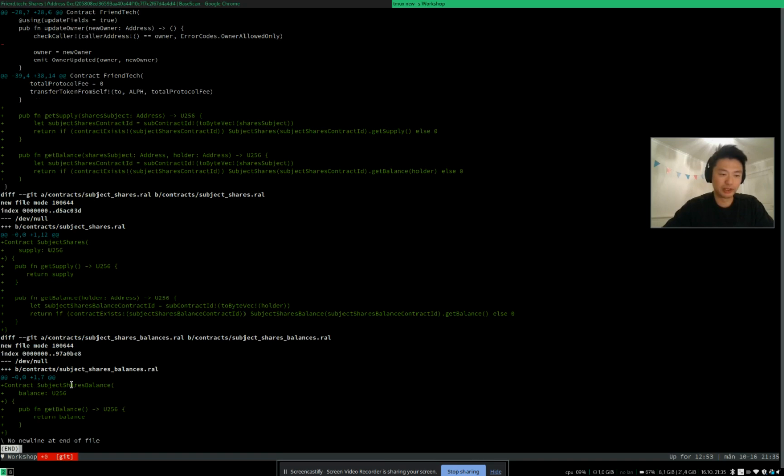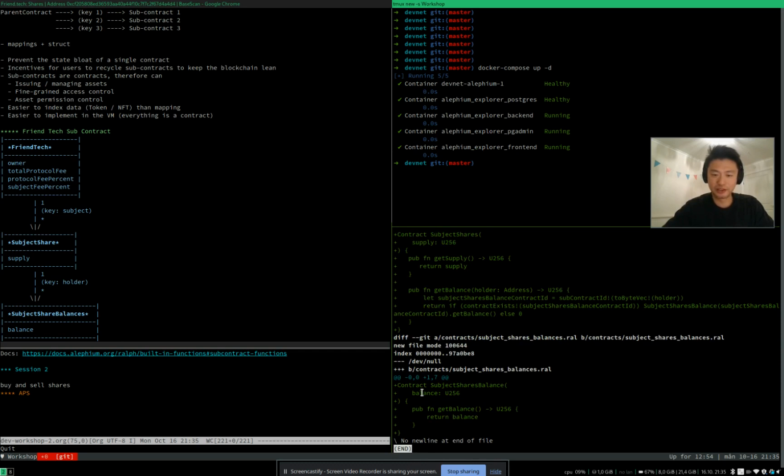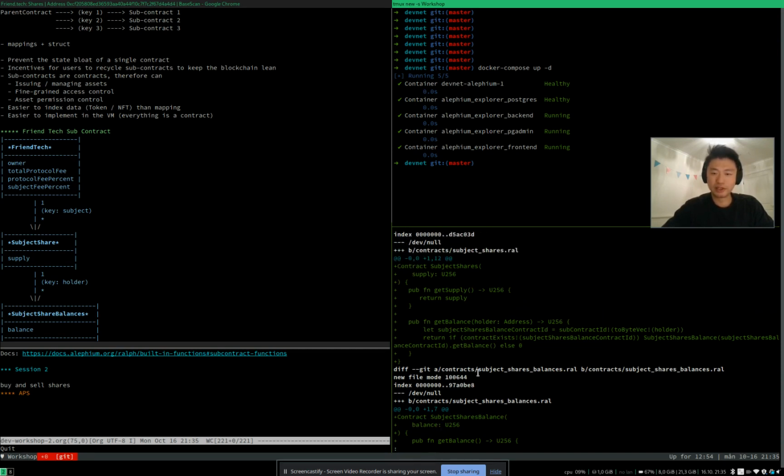So we have implemented the SubjectShareBalance, which is here. It basically has a balance field, and then we have implemented the function to return it. Then we have the SubjectShare contract, which is this, where we have a supply field, which keeps track of the total supply for this subject. And we have a function to get the balance for a particular holder.